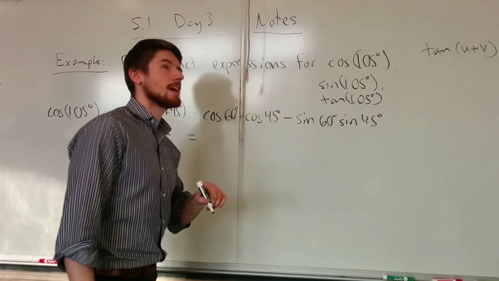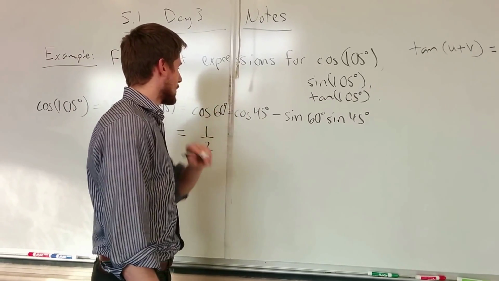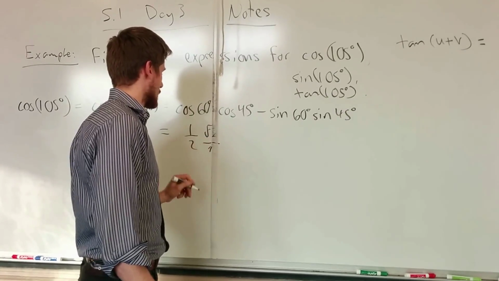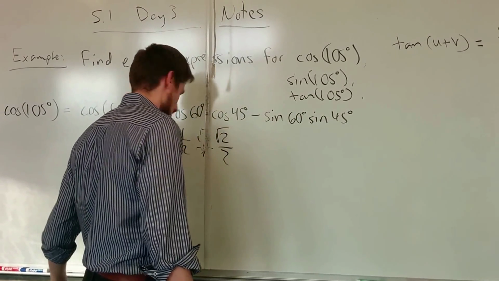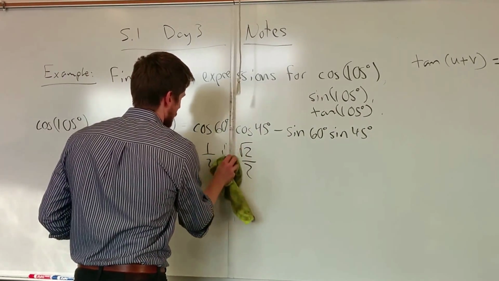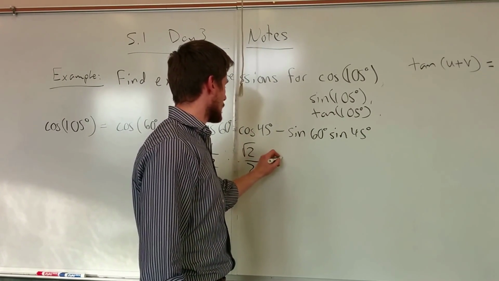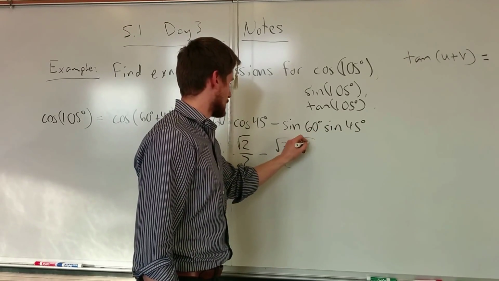Cosine of a 60-degree angle is, if I recall, 1/2. This one is root 2 over 2. Root 2 over 2. And root 2 over 2. And this one is root 3 over 2. And this is root 2 over 2.